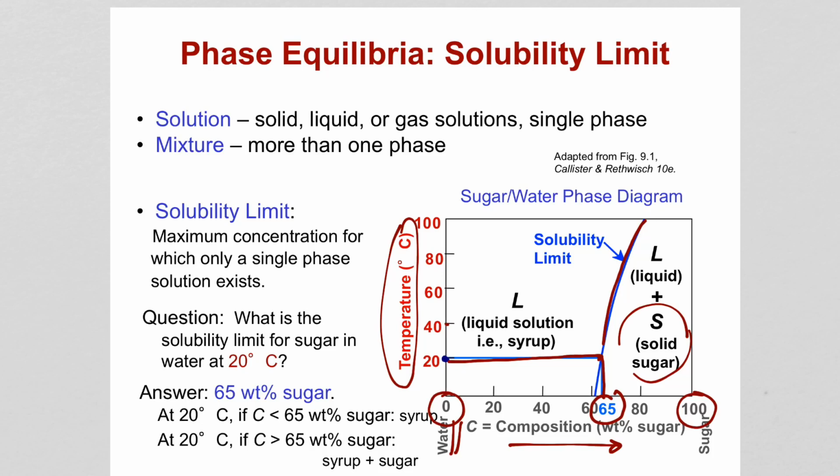That means at 20 degrees C, if you have a composition of sugar lower than 65, you will have liquid, which is the syrup itself. So sugar dissolves and forms the syrup. And then if you go above compositions of 65, you will have both the sugar and the liquid. So this is the information we obtained from the phase diagram.